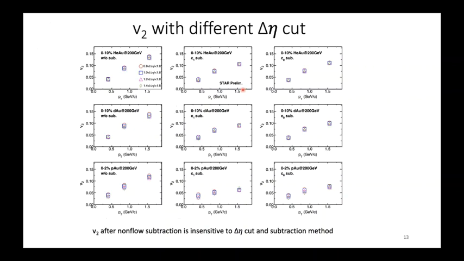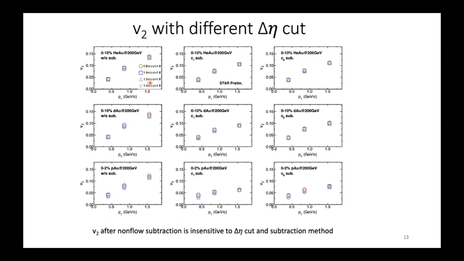Then we further vary the delta eta gap from 0.8 to 1.4, because we know the jet yields from p-Au to d-Au collisions could be a little bit different from pp. So we are tuning the delta eta gap to avoid these uncertainties.